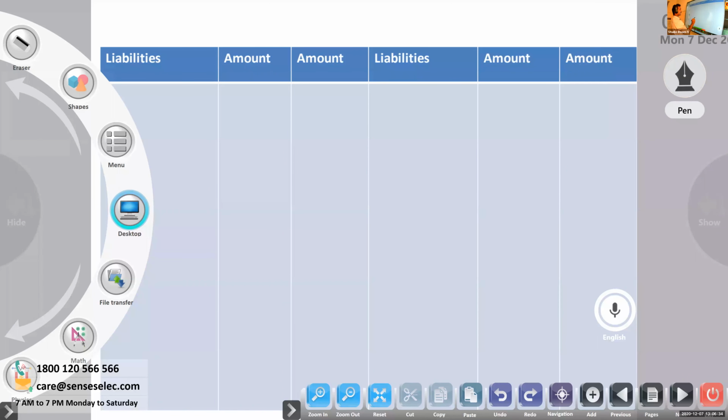Next, closing. Four lakh 38,000. Correct?